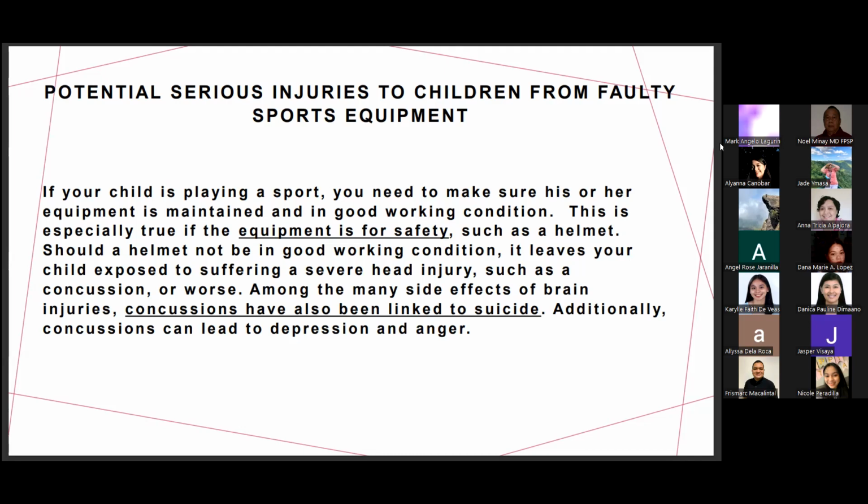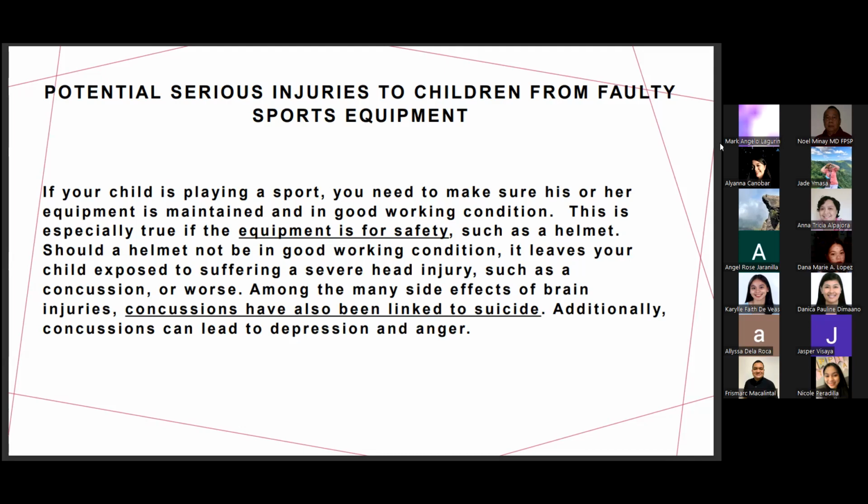Should a helmet not be in good working condition, it leaves your child exposed to suffering a severe head injury, such as a concussion or worse. Among the many side effects of brain injuries, concussions have also been linked to suicide. Additionally, concussions can lead to depression and anger.